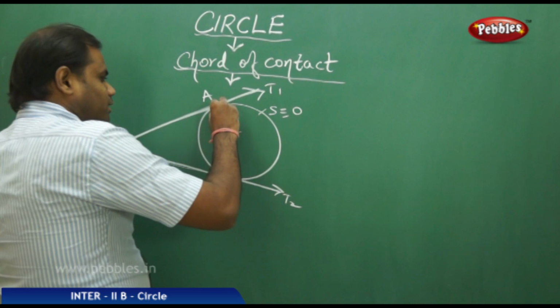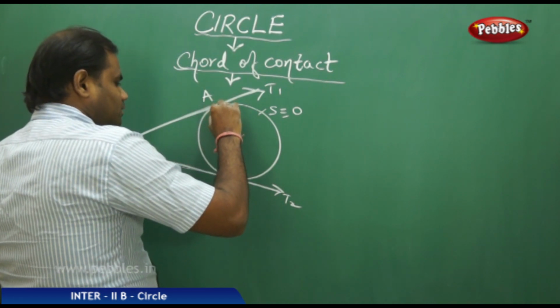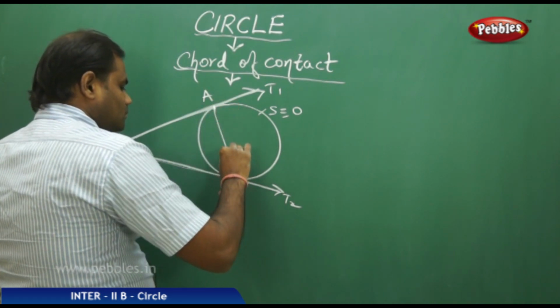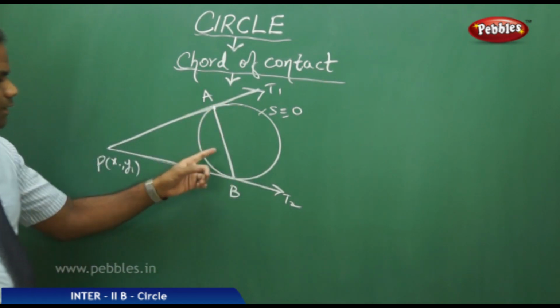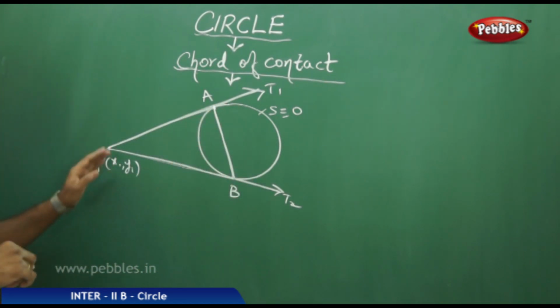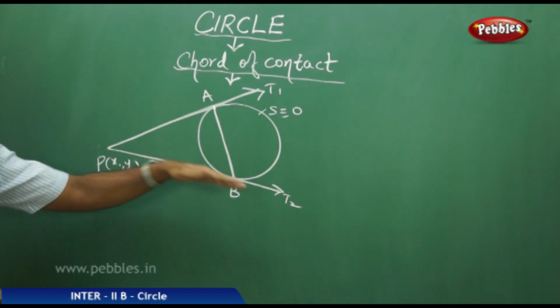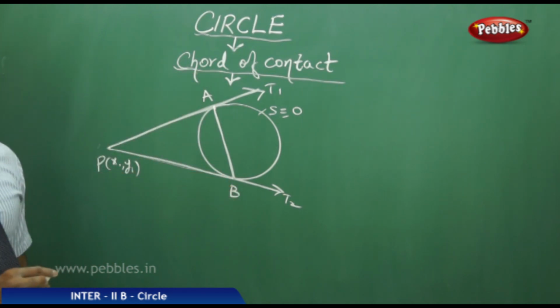Those 2 points of contact just join to form the chord. So this kind of a chord which is formed from an external point being considered with two tangents is called the chord of contact.